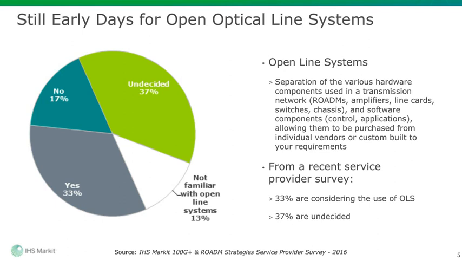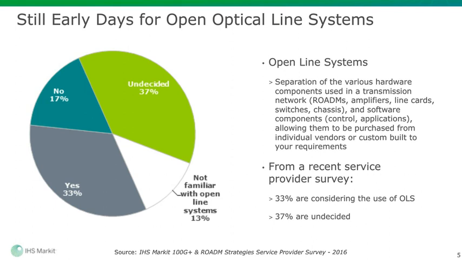So to kick us off, I'd just like to bring in a little bit of the research we've done here at IHS Markit and maybe put a little more context around some of the discussion. So first off, it is still very early days for open optical line systems. From a recent survey that we conducted, we probed for network operator appetite to take on open optical line systems, and we define this as separation of hardware components used in the transmission network and the software components, enabling them to be purchased from different vendors or customized.